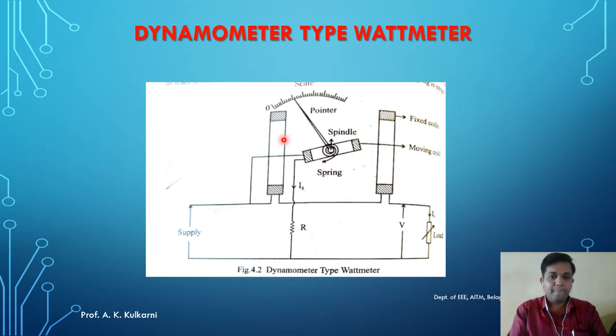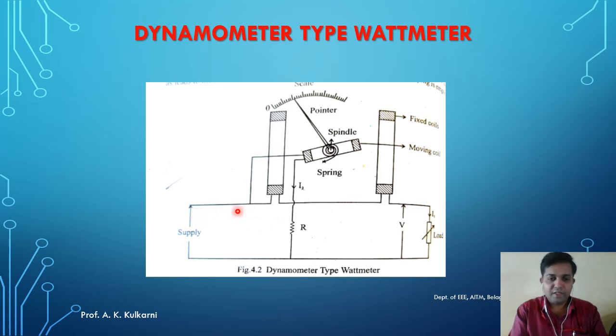If you observe carefully, the fixed coil is connected across the supply voltage, which means the voltage will be available between these two points. As the circuit is closed, when we give a supply, a current will start to flow through the circuit.